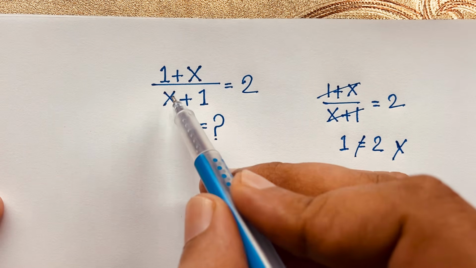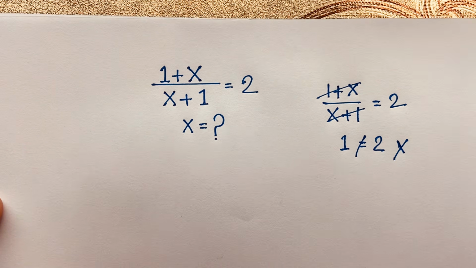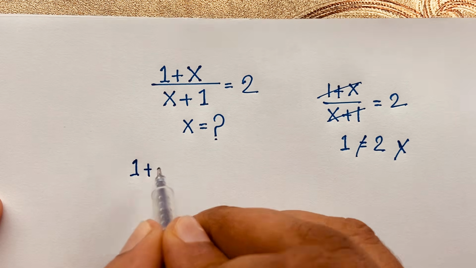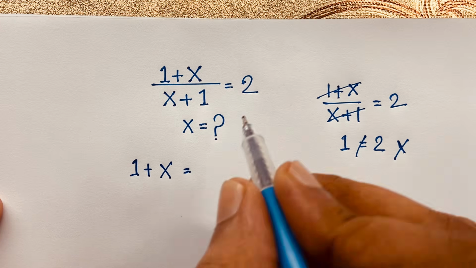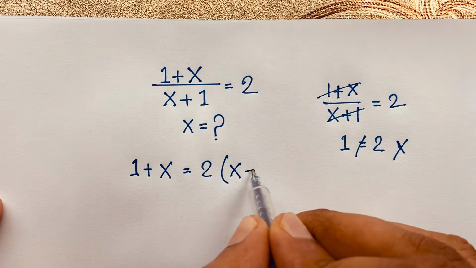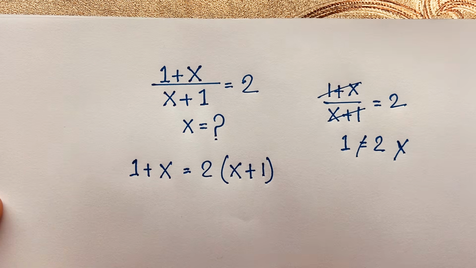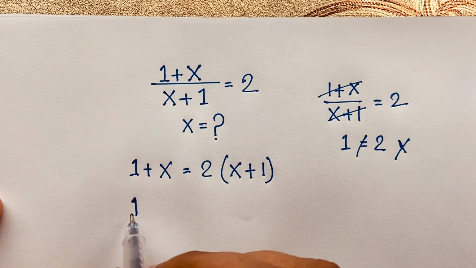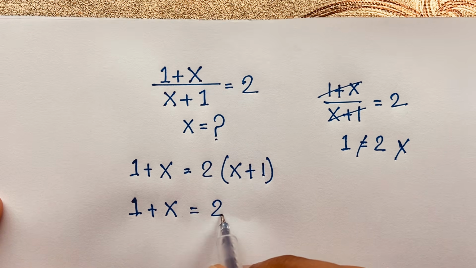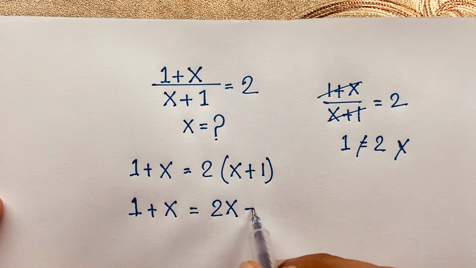1 plus x over x plus 1, so this 1 plus x I take here, and this 2 times this, it will be 2 times (x plus 1). Now this is 1 plus x, and this 2 times x is 2x, 2 times 1 is 2.